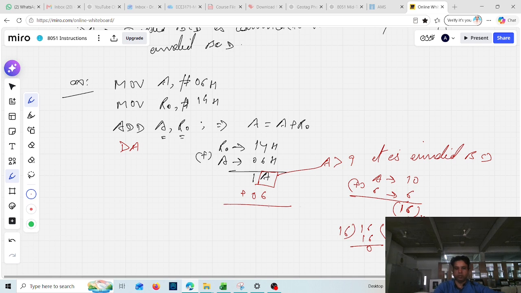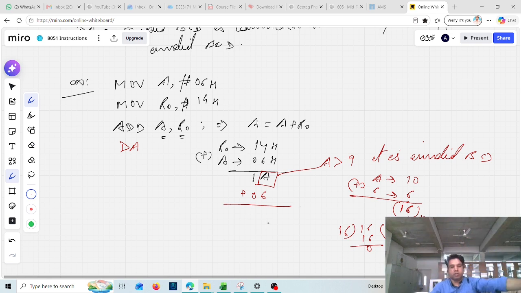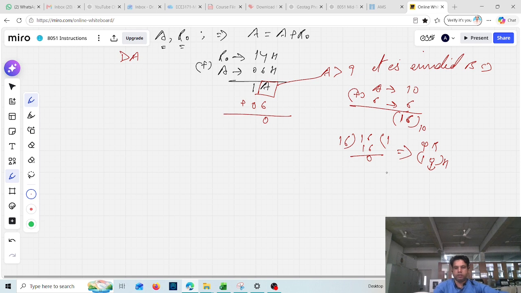So 0 will come here; this 0 is called the sum, and this 1 is called the carry. The sum comes here and the carry 1 will go here. Now this has become valid, and of course this is also valid. So when you write this DA instruction, 6 is automatically added to the invalid BCD and this leads to valid BCD conversion. You get the valid BCD number.